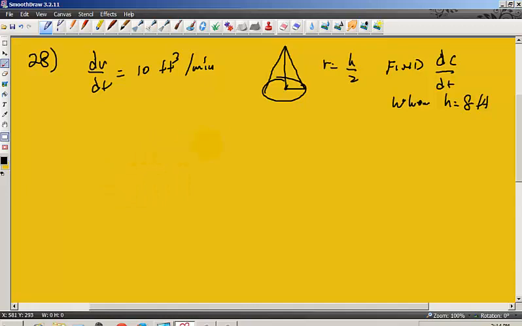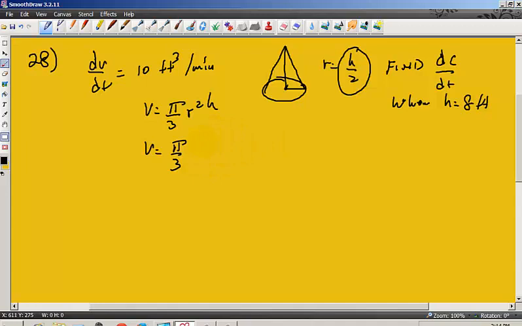Okay, so my volume formula is pi thirds r squared h. Obviously we're going to replace that. Should I replace r or should I replace dh dt? Alright, I'll just replace that.